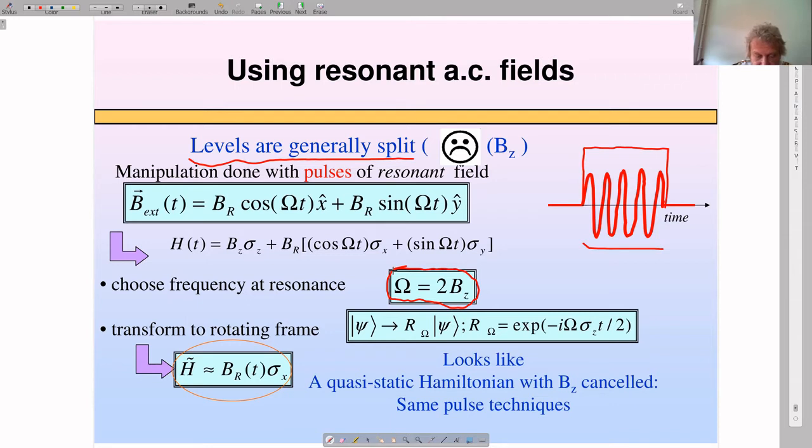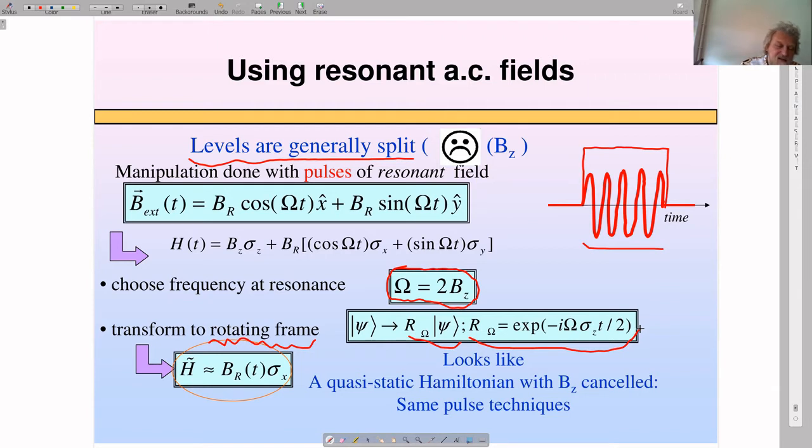So how to see that this works? The simplest and fastest way is to go to the rotating frame. So it's a frame, it's like a system of coordinates. We look at this function in a different coordinate system, which changes in time. Here is the transformation.